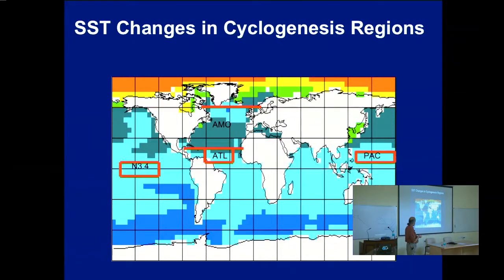Southern Indian and Southern Pacific also have cyclones. So this red box is what is called cyclogenesis, where they are initially formed. When you have warm surface waters, you form these cyclones.